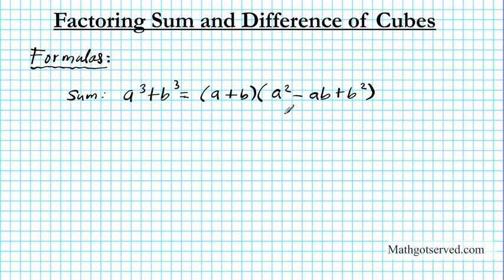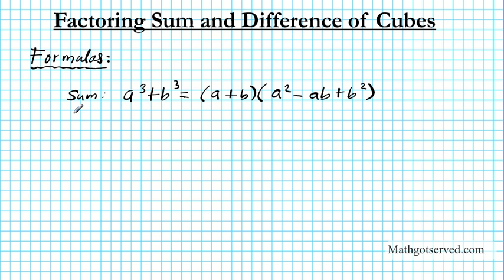I don't need a parenthesis for the unfactorized form. This is the factored form of the sum of cubes. The rule for the factorization is that the first sign is the same as the sign in between the two cubes. The second sign is the opposite of the sign between the two cubes, and the last sign is always a plus. So it's always the same, opposite, and a plus.